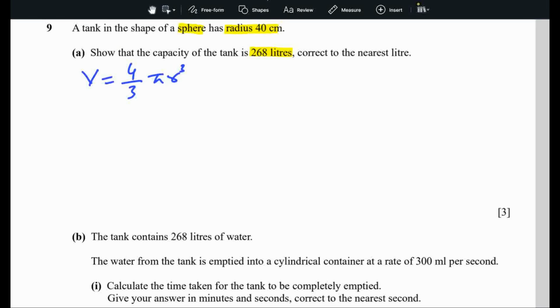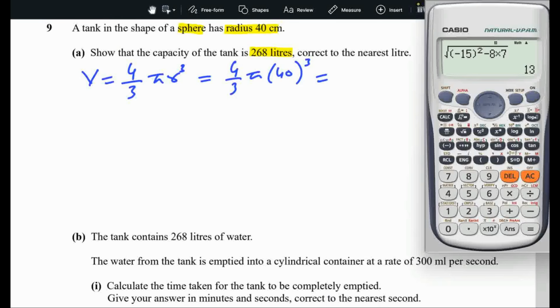This formula will be given to you. Now just put the values. 4 by 3 pi, r is 40 whole cube, so fraction 4 by 3 multiply by shift pi multiply by fraction 40 cube.